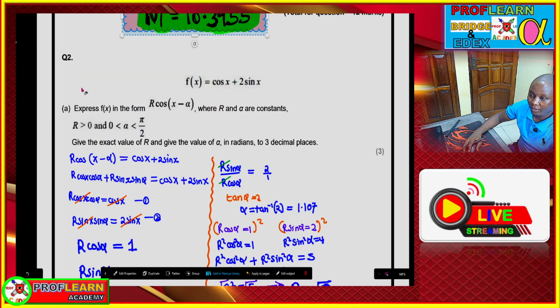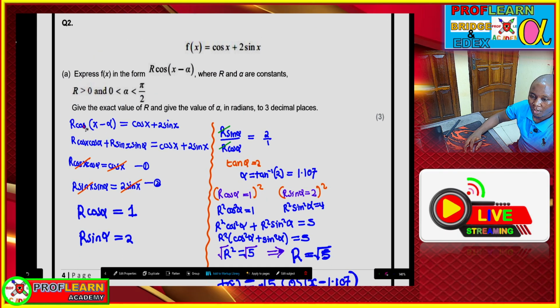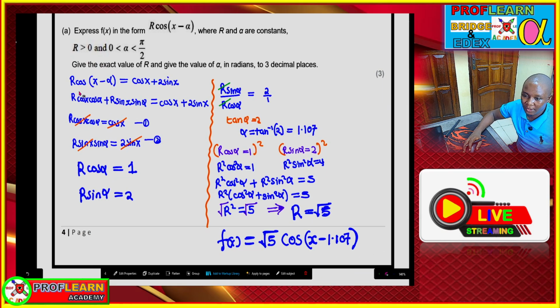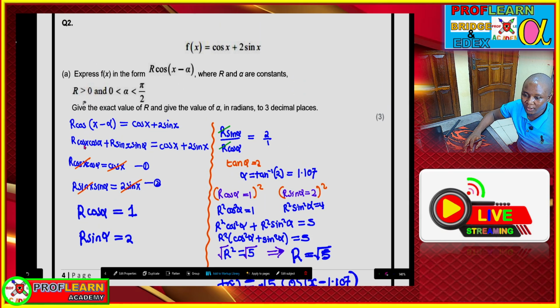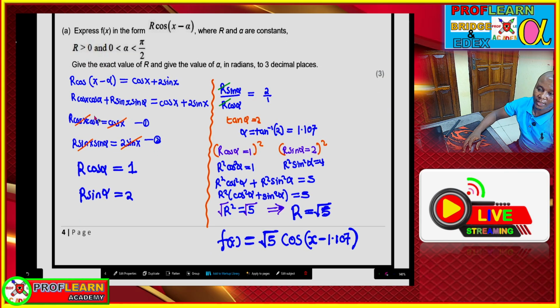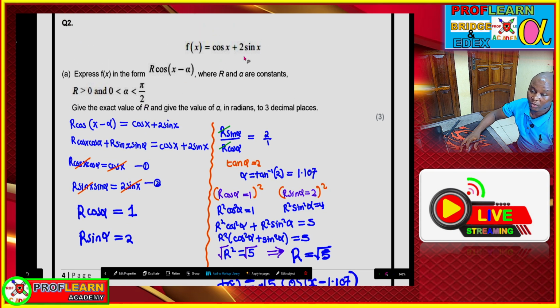So if you are having r cos(x minus alpha), it can be written as cos x cos alpha plus sin x sin alpha. If we include the r, now it becomes r cos x cos alpha plus r sin x sin alpha, which is equal to whatever equation they are asking us to do.